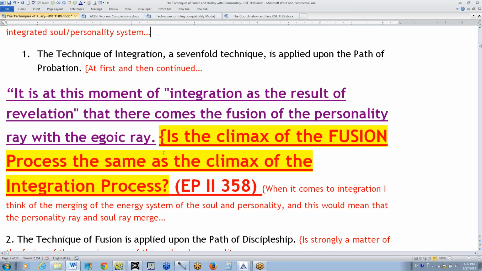I can certainly see where the technique of fusion cannot be readily applied to the probationer, but it seems to me as well that the technique of integration is a technique with a large span involving different states, and that some of the later stages will take us all the way to the third degree, which is the moment of true integration of the soul with the personality, and even beyond.